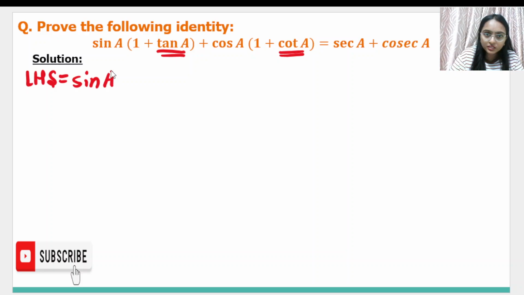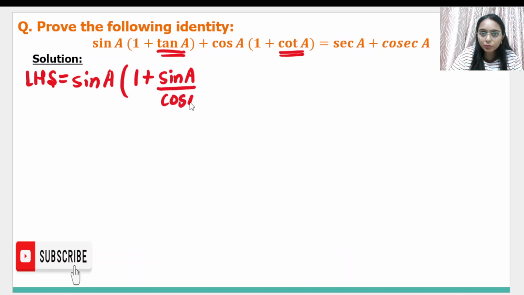So here you have sin A in the bracket 1 plus, now tan A will be sin A upon cos A.